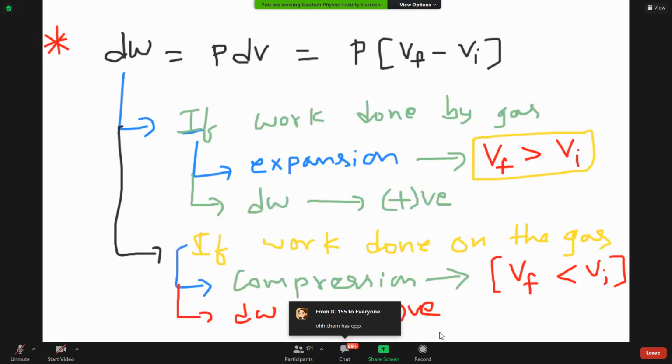If volume is constant, what will happen? When volume is constant, work done is equal to 0.